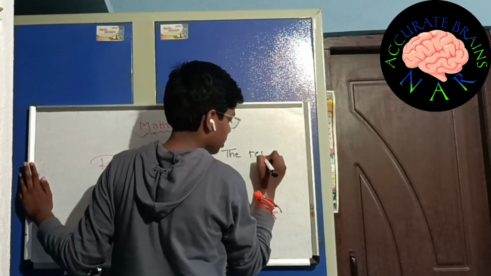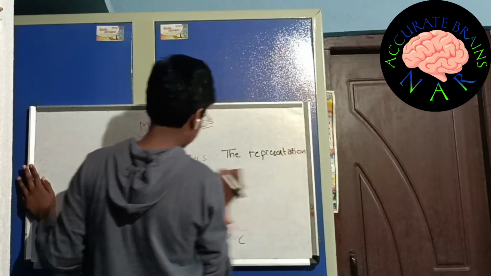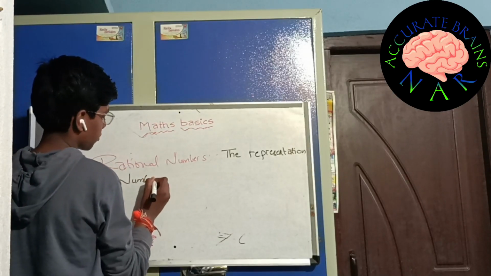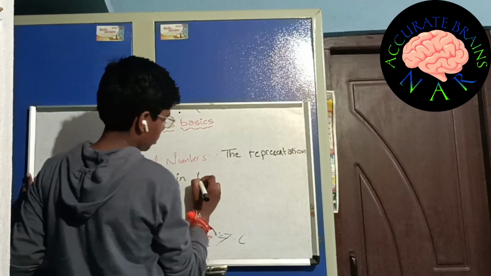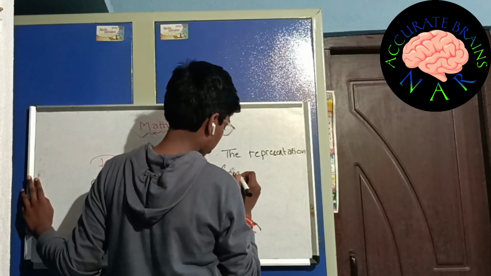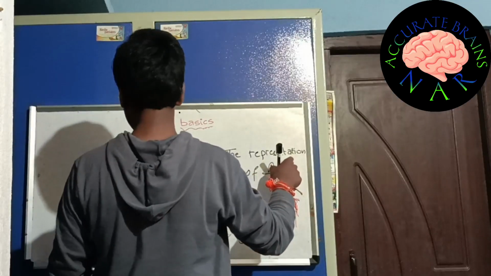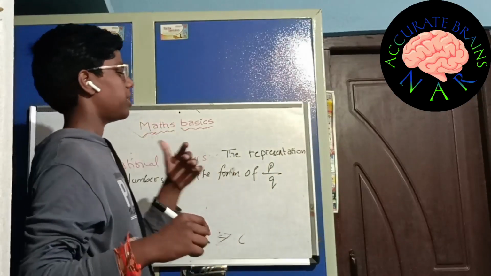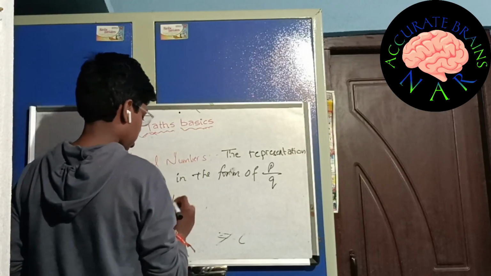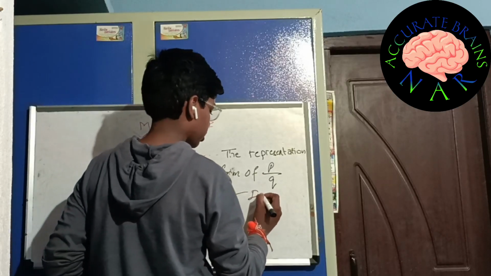Rational number: the representation of numbers in the form of p by q, where p and q are integers.